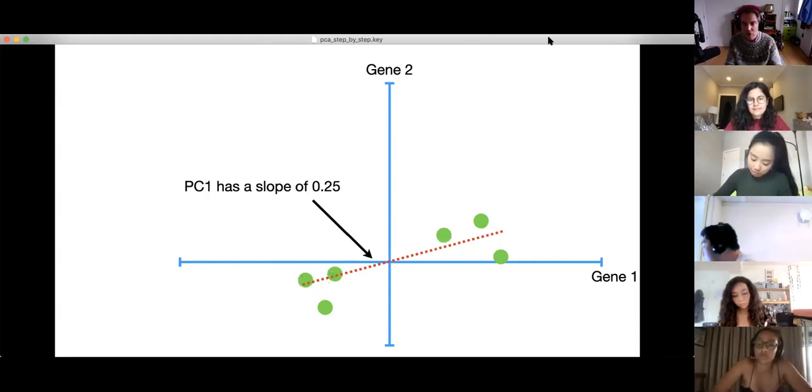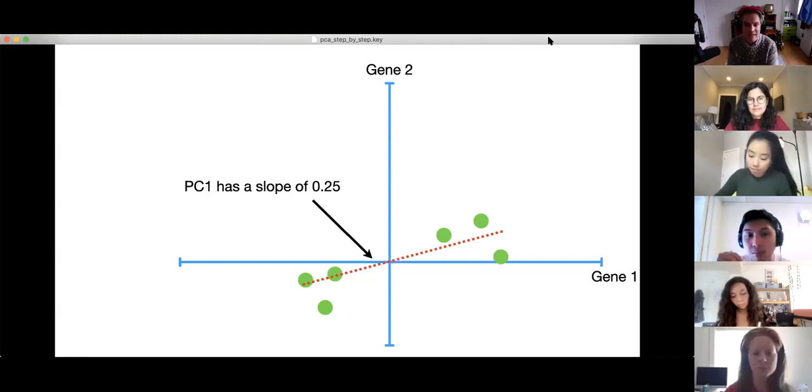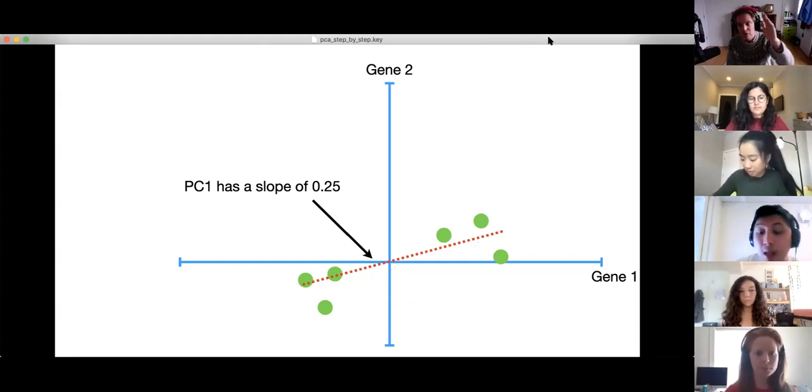PC1 has a slope of 0.25. And by the way, a lot of people ask, where does that slope come from? Well, you remember, we started with a random line. And in order to start with that random line, we had to pick a random slope. We already knew it goes through the origin, so the intercept is 0, but the slope was just some random value. And then we started rotating it. And in order to rotate it, we have to know what that slope is.